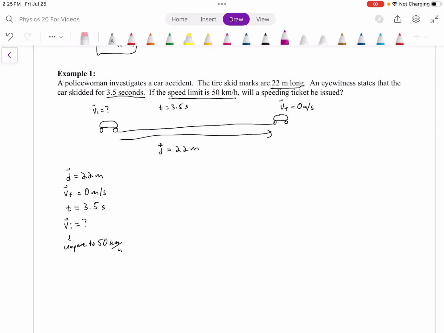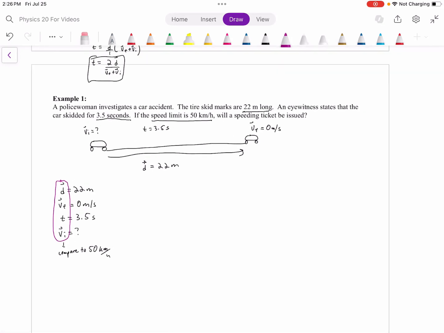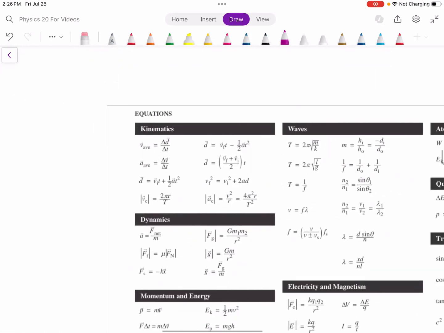The nice thing about writing out this list is now we have a clear little checklist of what we want to be in our equation and what we don't want to be in our equation. So notice here, we can see right off the bat, we don't have acceleration. We don't want to know acceleration, and we don't know acceleration. That gives us a heads up of what we're looking for in a kinematics equation.